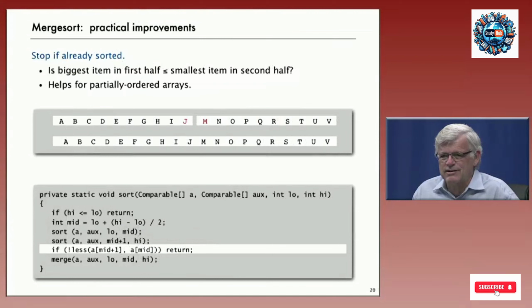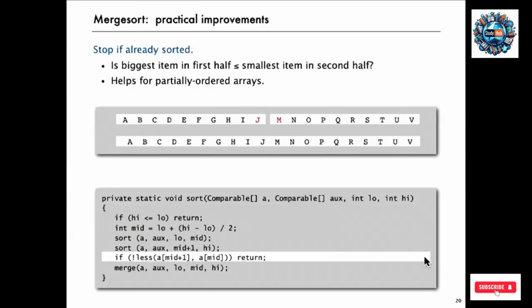We just put a test in the recursive merge sort, this one line of code, to check whether we're done. That way, for example, if you were to call merge sort for an array that's already in order, it would just do this test every time, and it would be done in linear time. That's pretty helpful, although not totally helpful, but there are a lot of situations where that's helpful.